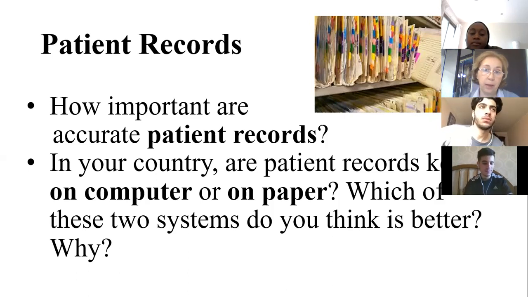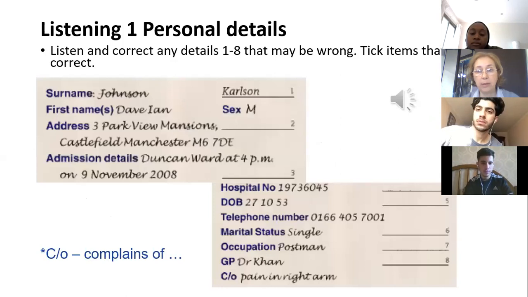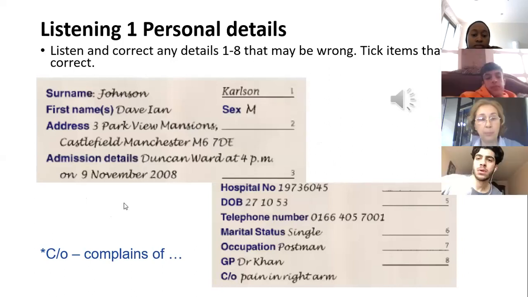Well, good. If we move to the next slide, here is an example of the information which the receptionist discusses with the patient in a hospital. The receptionist usually just completes the form and asks several questions.